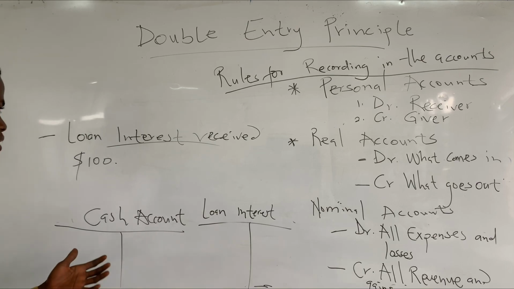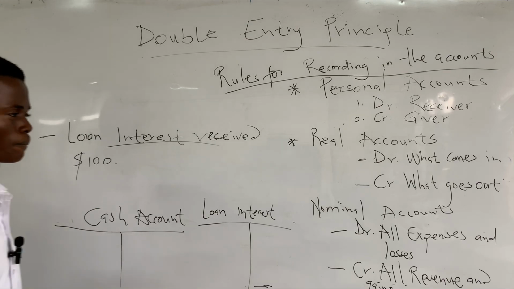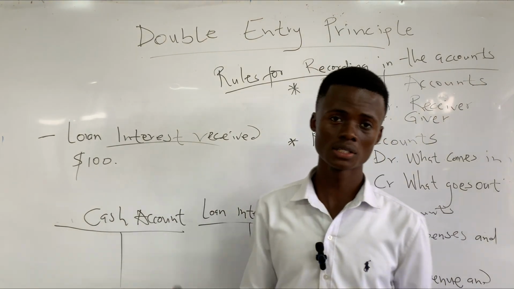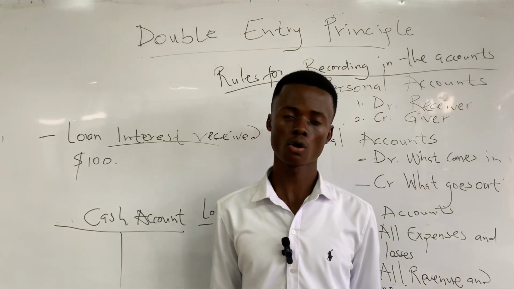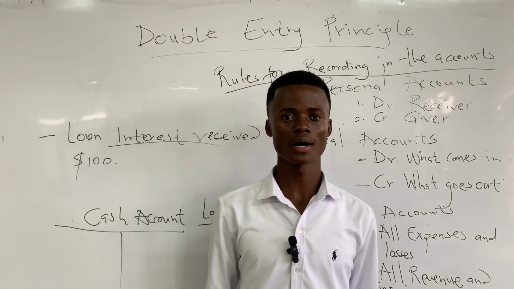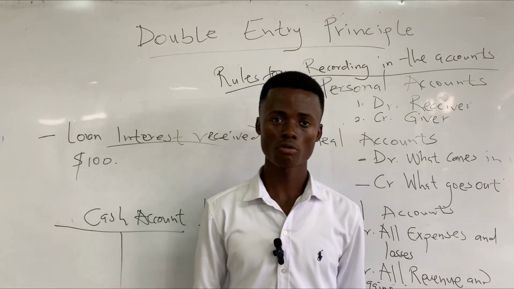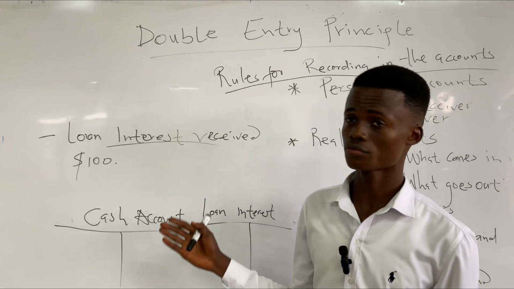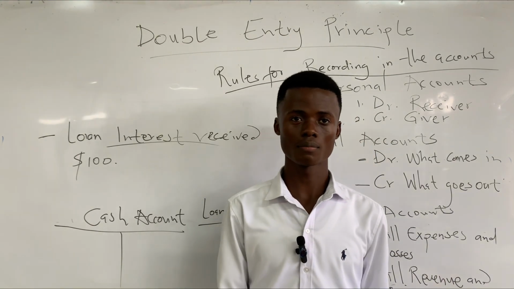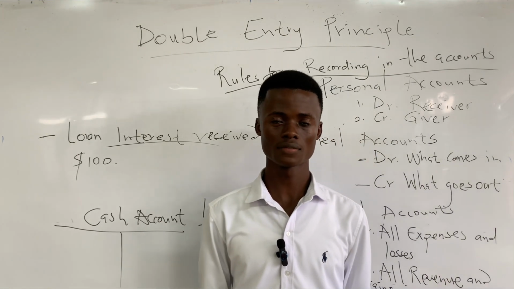We received $100 from the loan that we gave out. So it means that the $100 is coming in to increase our cash balance, the amount of cash that we have. Our amount of cash before this loan interest will be increased by the $100 after we receive it.